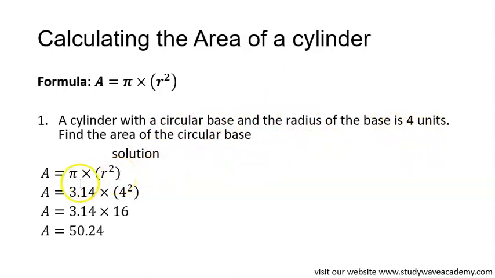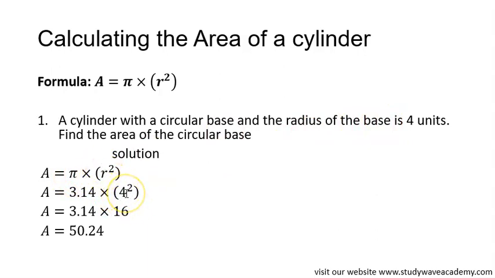Okay, pi is 3.14. Like I said, you can use 22/7 or 3.14 as your pi. They are still the same, okay? Times 4. 4 is the radius, right? So instead of writing r again, you write 4.